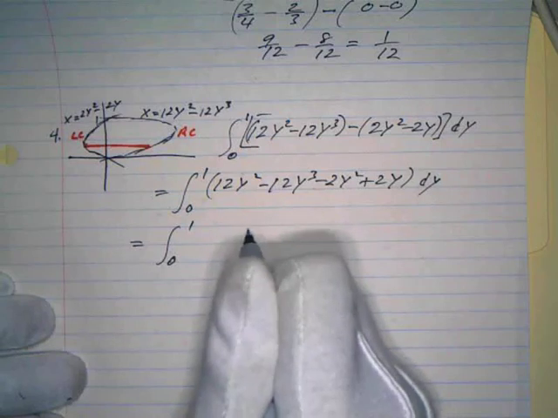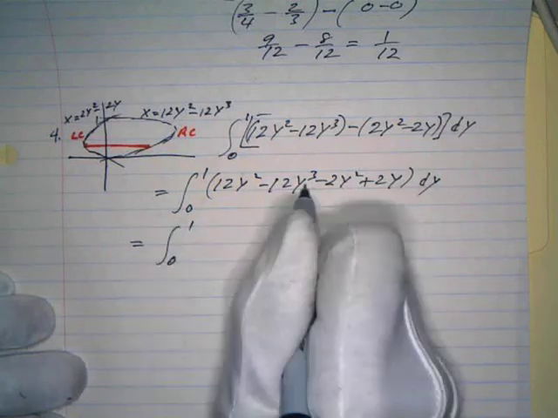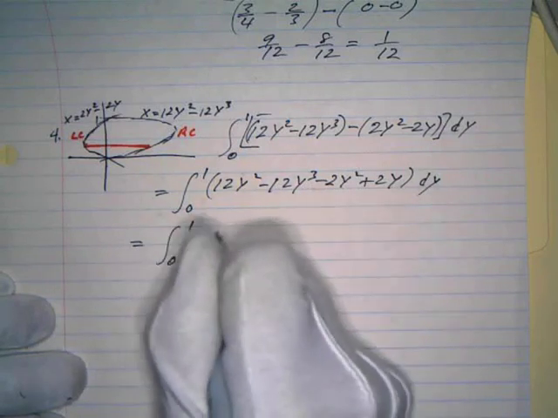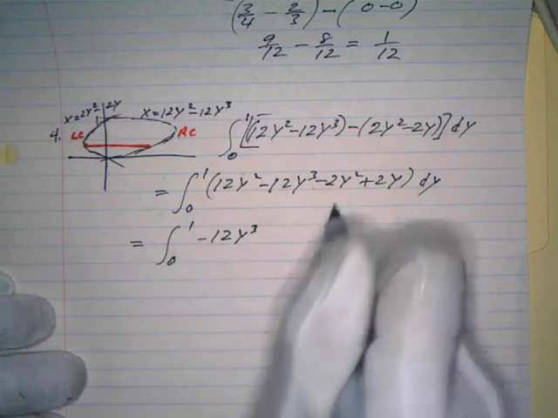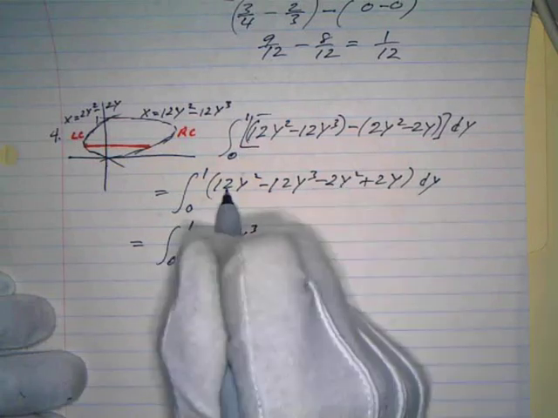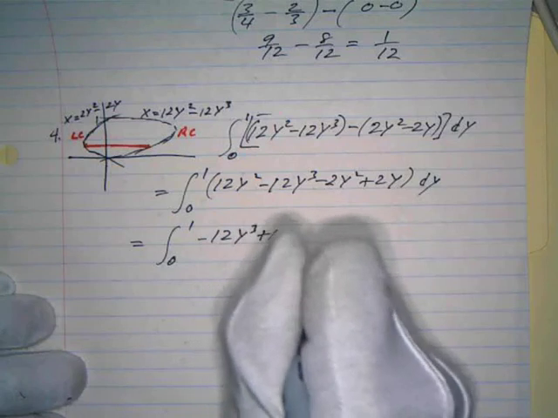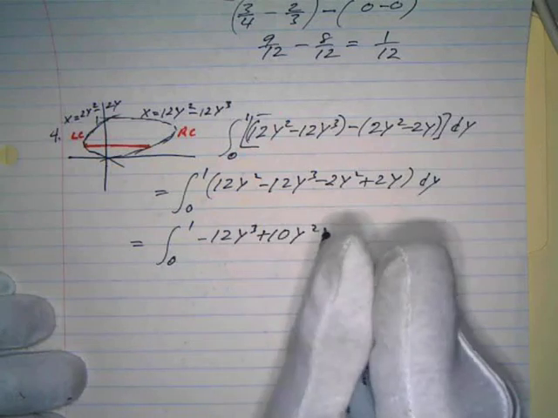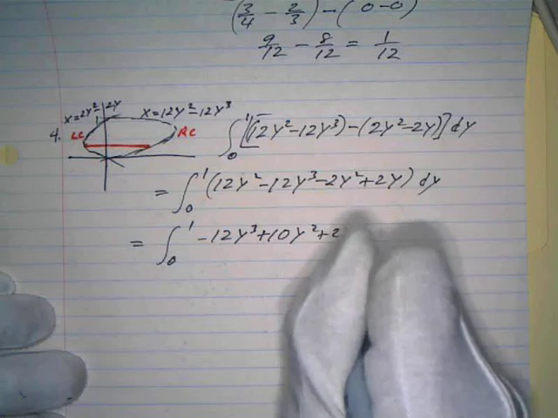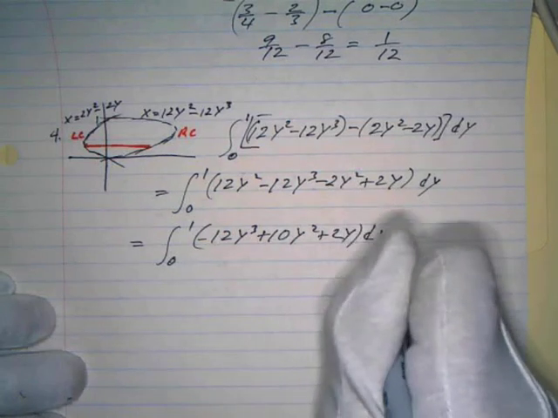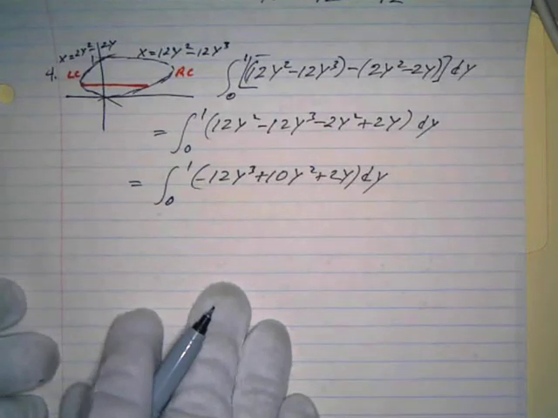We combine our terms and move them into descending power, so we have negative 12y to the third. And then my 2y's, 12y squared minus 2y squared is 10y squared. And then plus 2y, all dy. And I'm ready to take the antiderivatives.